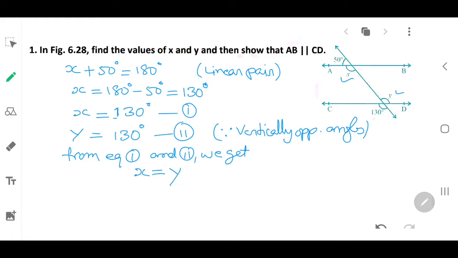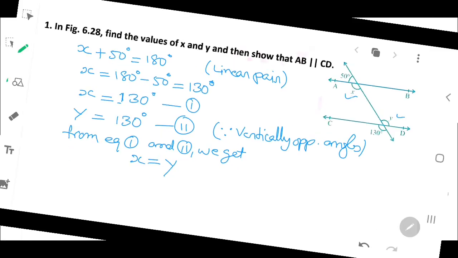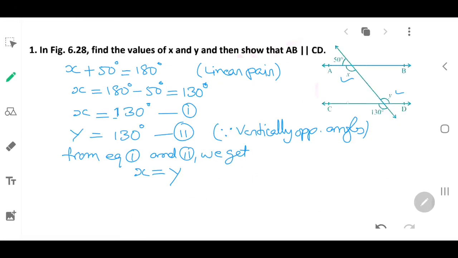It means that alternate interior angles are equal. Is it okay? And if alternate interior angles are equal, we can show that AB is parallel to CD. So in this way we can solve it.